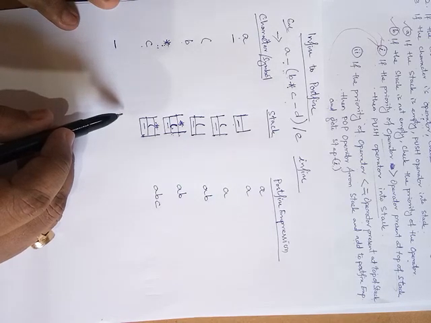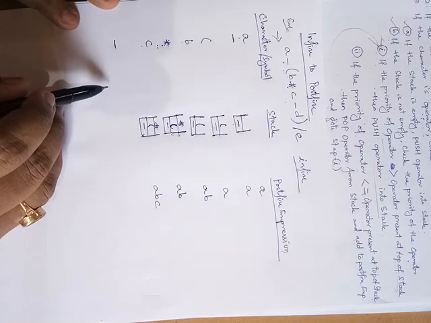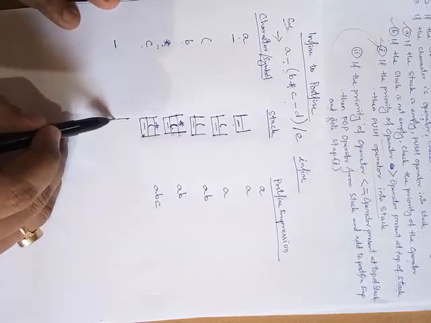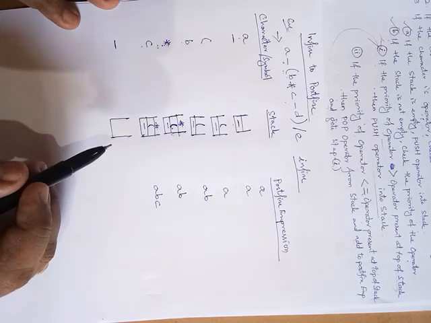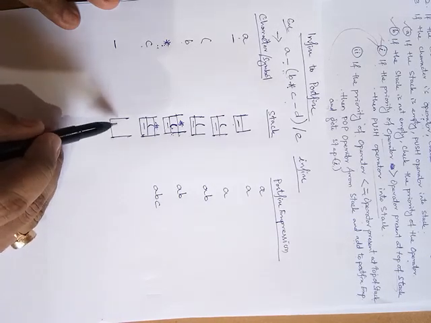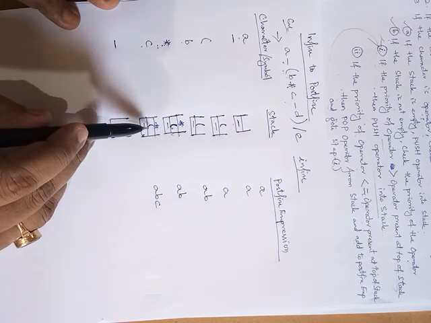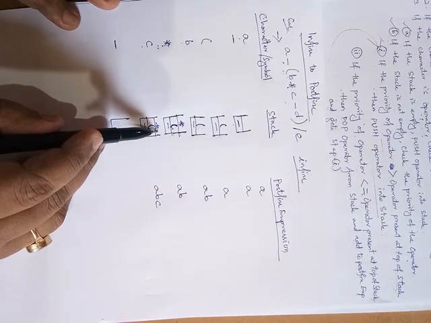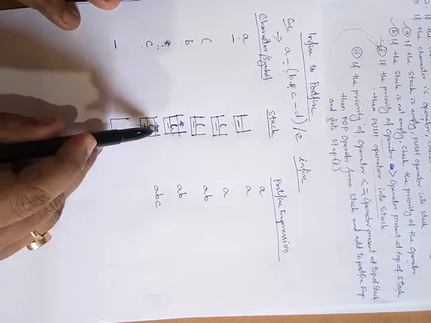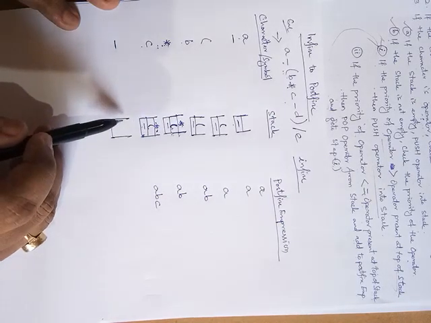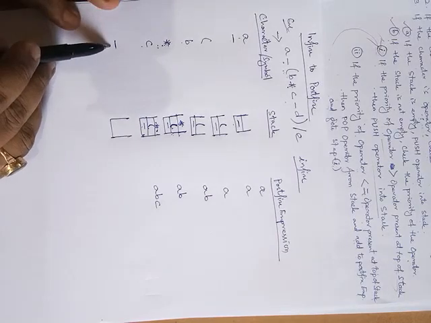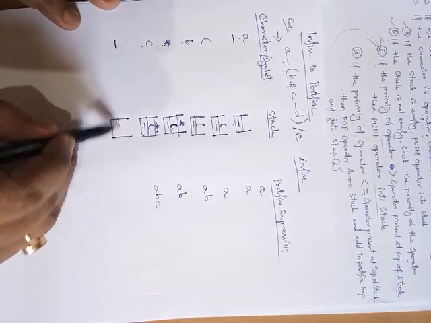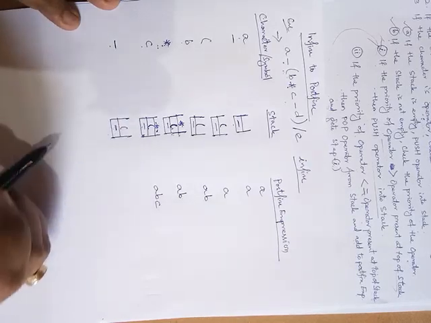If the character is an operator and the stack is not empty, and now the stack is not empty because it contains minus, left parenthesis and star, then you must check the priority of the operator, whether it is greater than the operator present at the top of the stack or less than the operator present at the top of the stack. The new character is minus. Now the stack contains minus, left parenthesis.